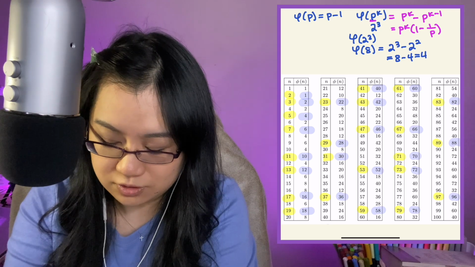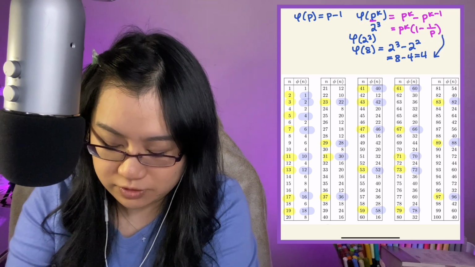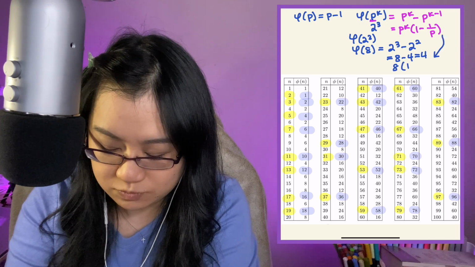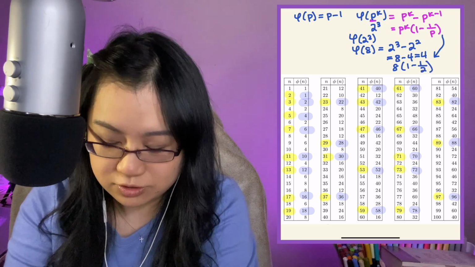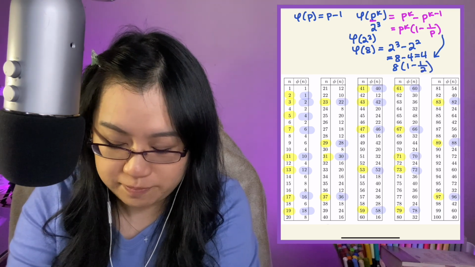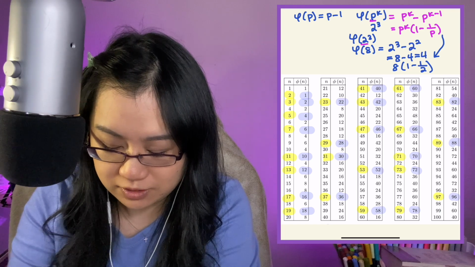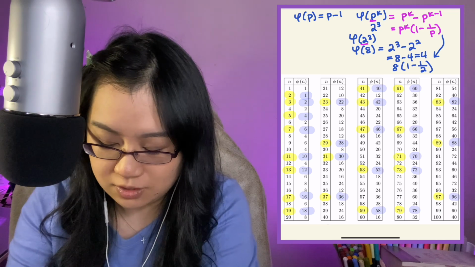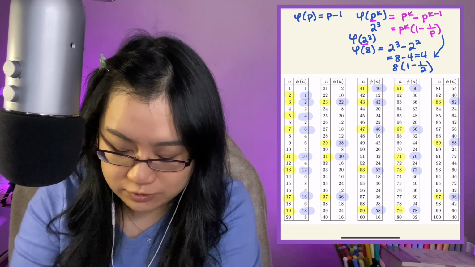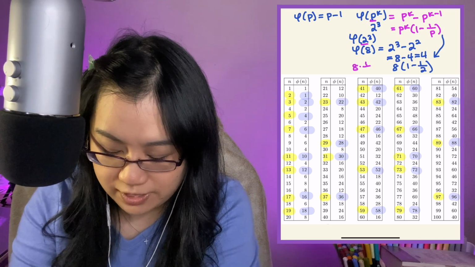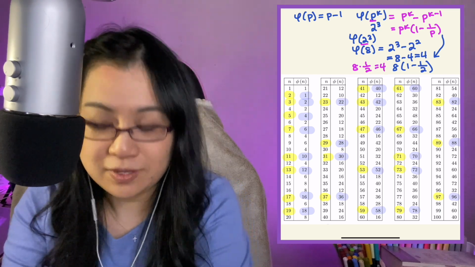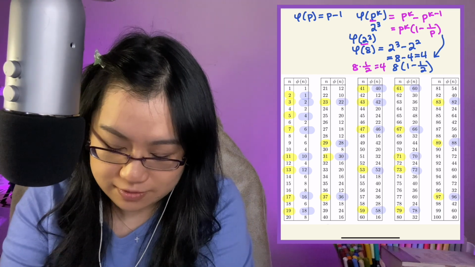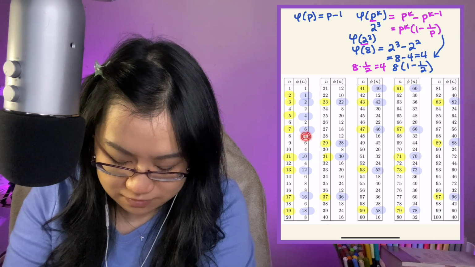Or you can use this version, which is just 2 cubed, which is 8, times 1 minus 1 over 2. You just use that base prime value. Doesn't matter what that exponent is for this case. You just do 8 times 1 minus 1 half, which is 8 times 1 half, which is 4. So either way, phi of 8 is going to be 4.